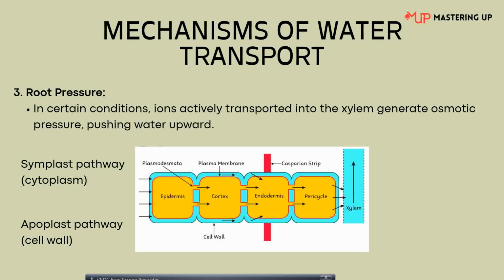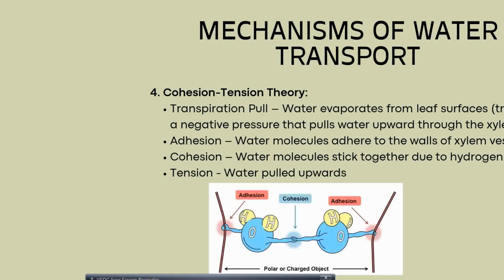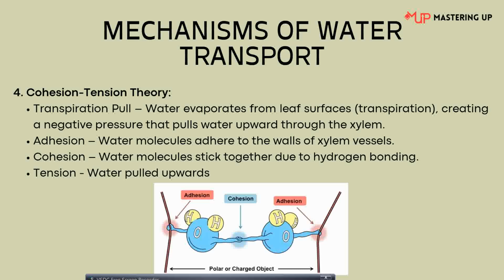Now due to the root pressure, water is pulled inside the xylem, and next is the major important theory of cohesion and adhesion, due to which water is transported through the different parts. First, in the cohesion theory, transpiration pull occurs, which I told you in the first point.